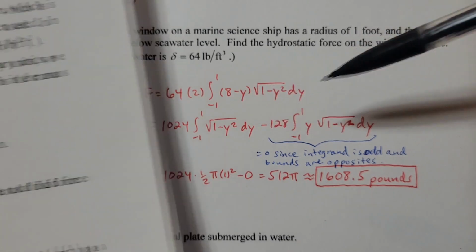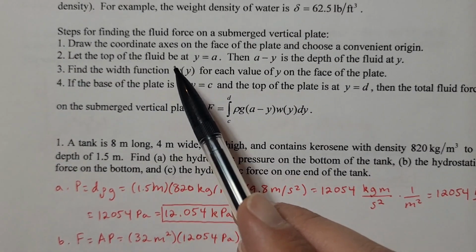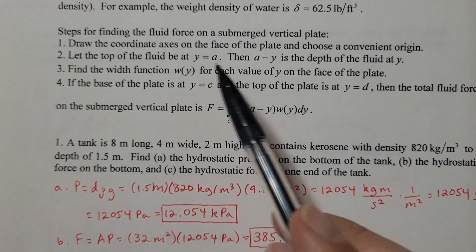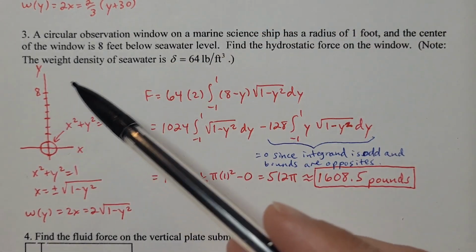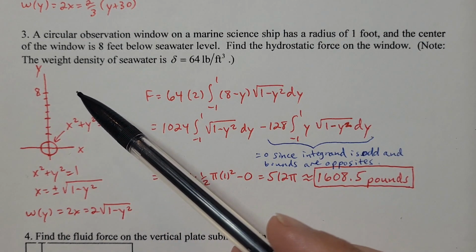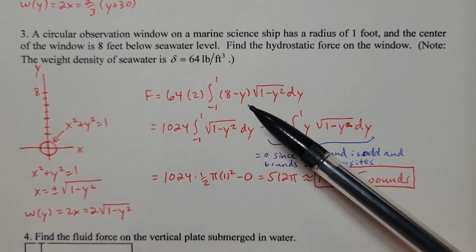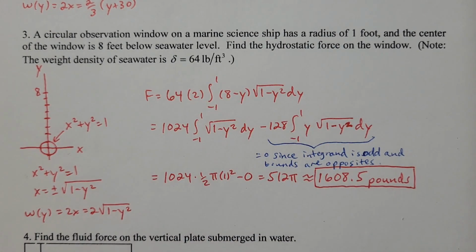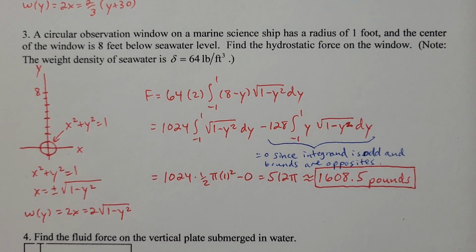And then a minus y, where a is the top of the fluid. So the top of the fluid here is at 8 feet. So a is 8, and then 8 minus y is the last part we want in the integrand. So this is the integral that I'll need to integrate.